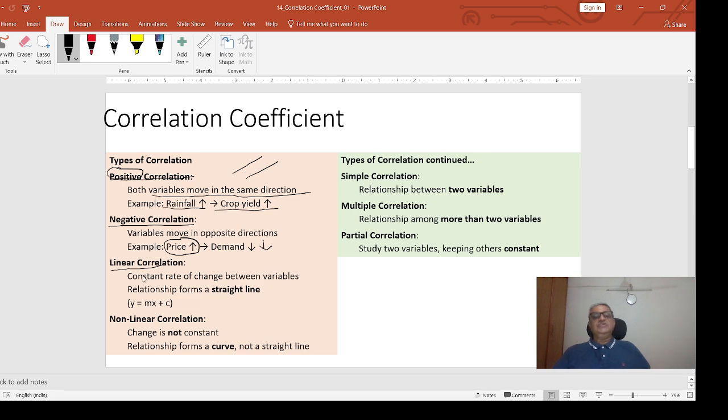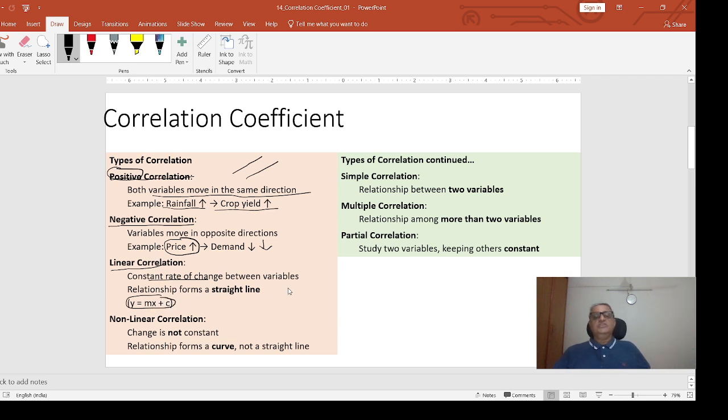The third type is linear correlation. Linear correlation is a constant rate of change between the variables, so you can easily arrive at the equation. If I change the value of x, one variable, then the value of y changes at a constant rate, and the equation could be of type y = mx + c.